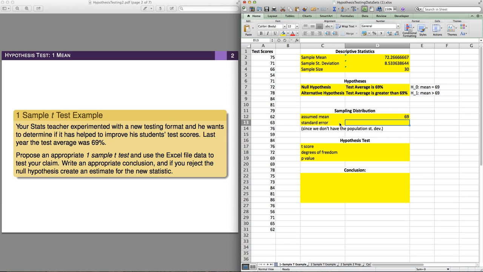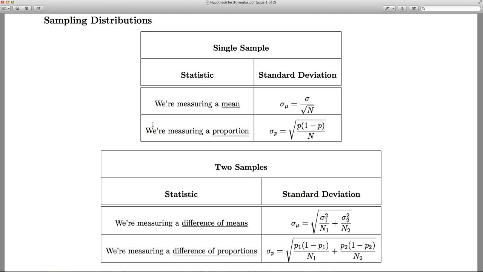We get that by going to our handy little formula sheet, which is right here.